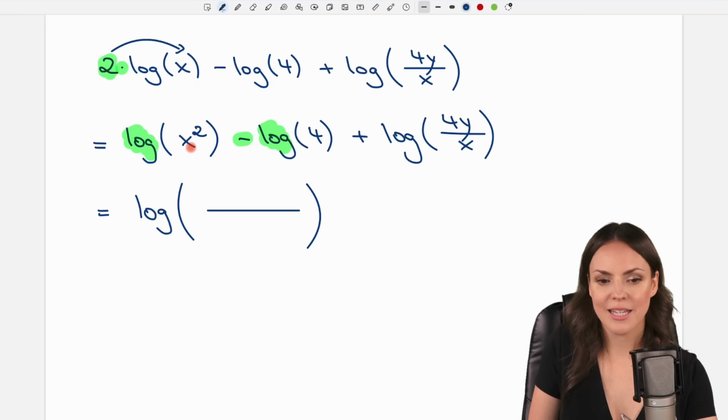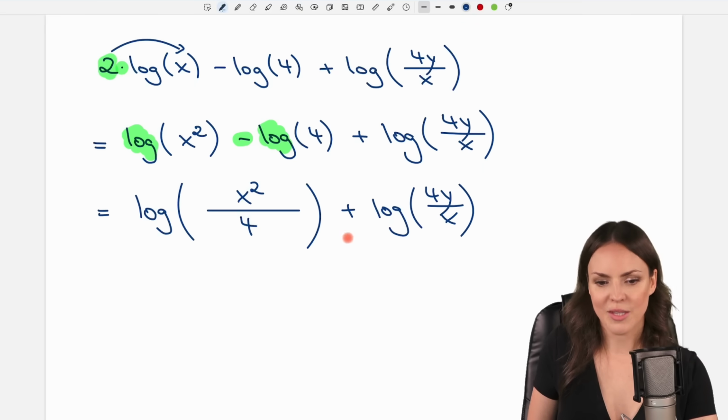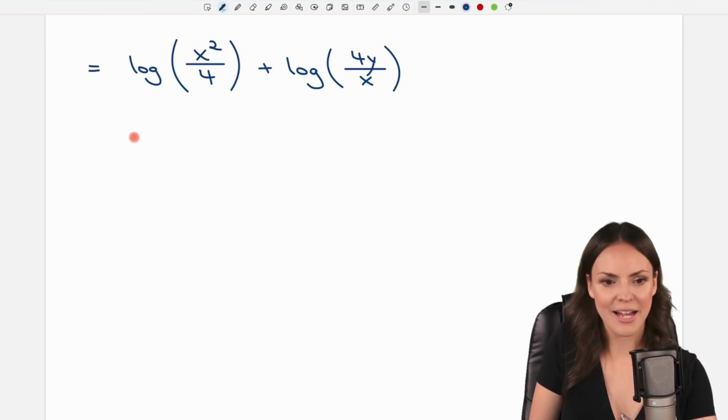The first thing that was in my log is going to be my numerator. The second thing that was in my second log is going to be my denominator. And then I still have plus log of the rest, but this looks good so far. So this is what we have now.